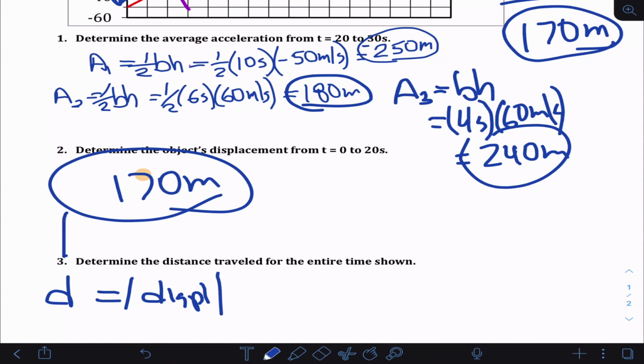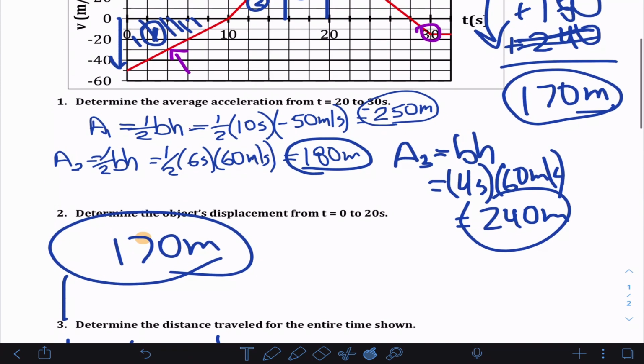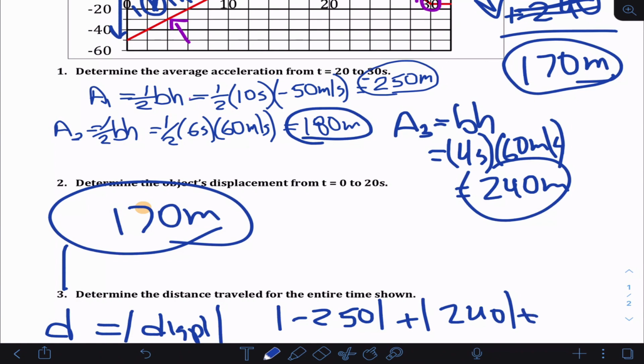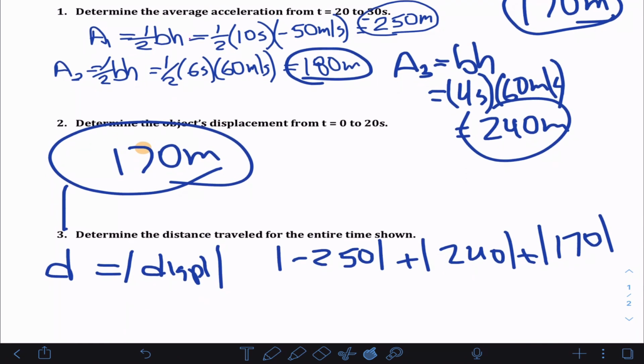So if you look at the values you had, everything's effectively done here. We go back up. Okay, we had a negative 250, which we don't care about the negative anymore. And then we had 240, positive. And we had 170, all positive. So you're just going to sum those numbers up, disregarding any of the positives or negatives.